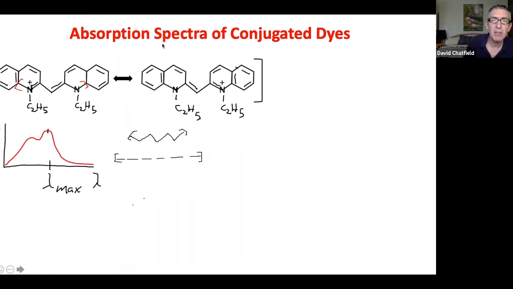Now we're going to have a rather crude model for how long this box is. We're going to pretend that the length of every bond here is the same. So here's one carbon bond. We'll call that length little l. Another carbon-carbon bond, length little l. These bond lengths will actually be a little bit different, but not very much. Here's the carbon-nitrogen.